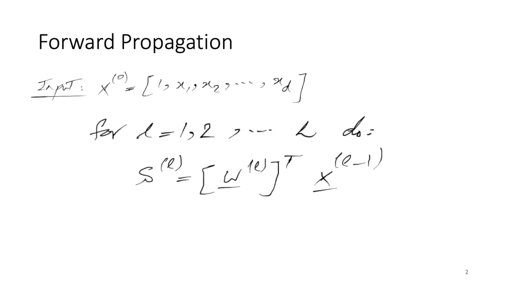We update the s of l, which is the current node at layer l, by the weight vector of l transposed, multiplied by the input that was coming from the previous layer, right? So we have to do it in a loop for all the layers.